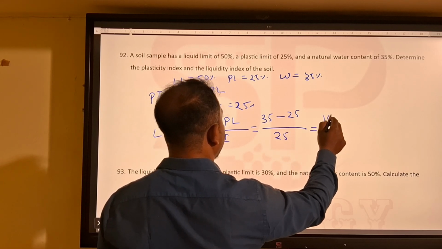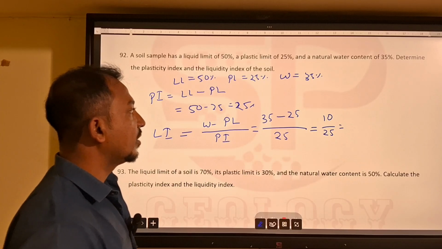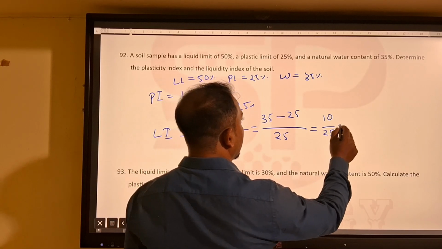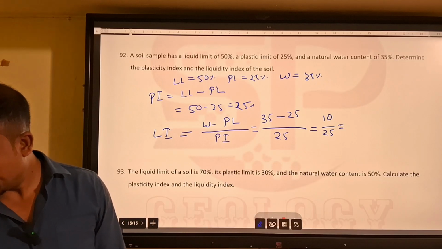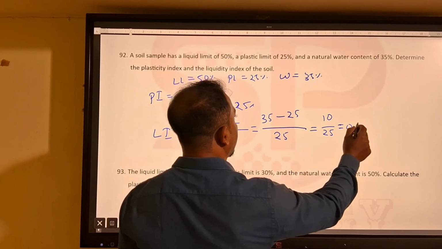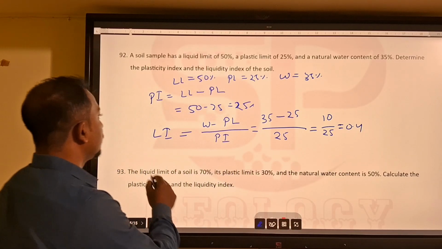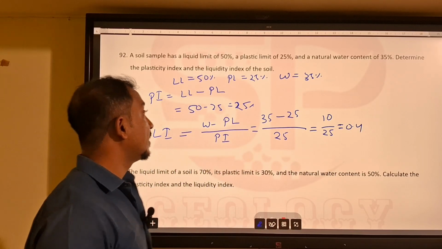So it will be 10 divided by 25, so it will be 0.4. So liquidity index will be 0.4 and plasticity index will be 25%.